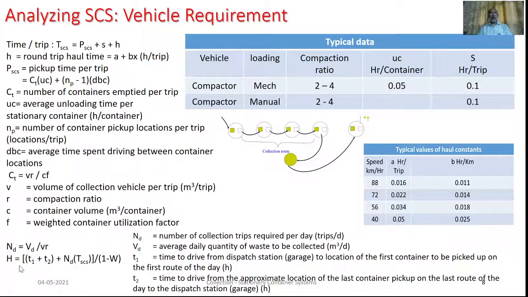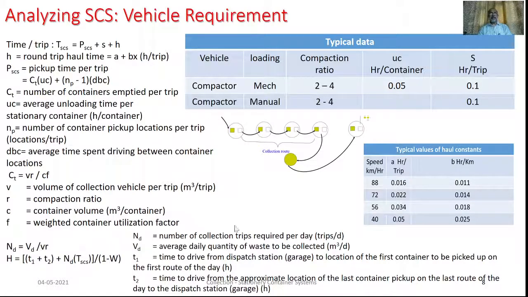Also, this time H allotted for that particular day can be expressed as T1 plus T2, where T1 is the time which is required to reach the first container location, and T2 is the time which is required after covering the last location to go to the dispatch station from where the vehicle was started.